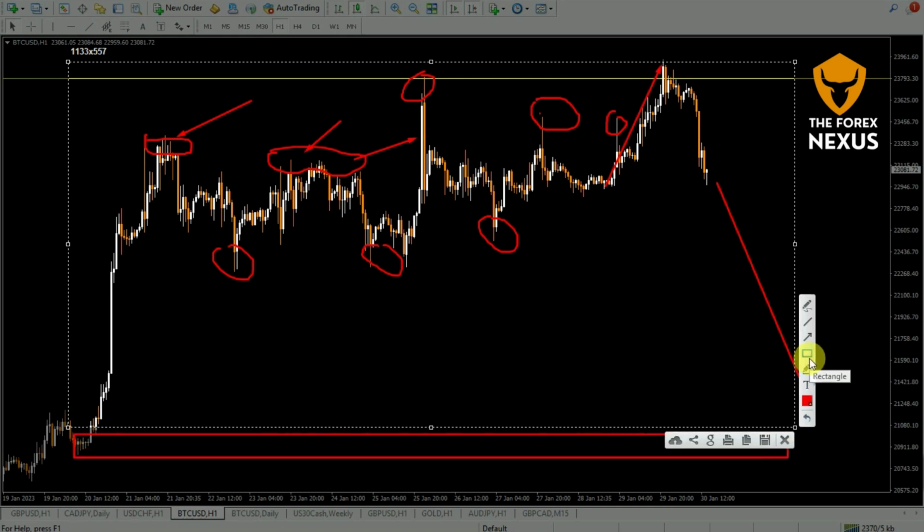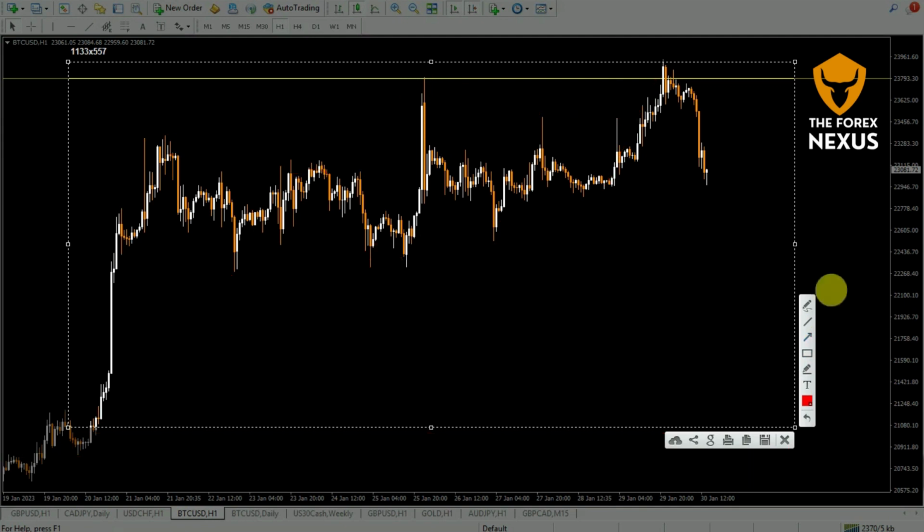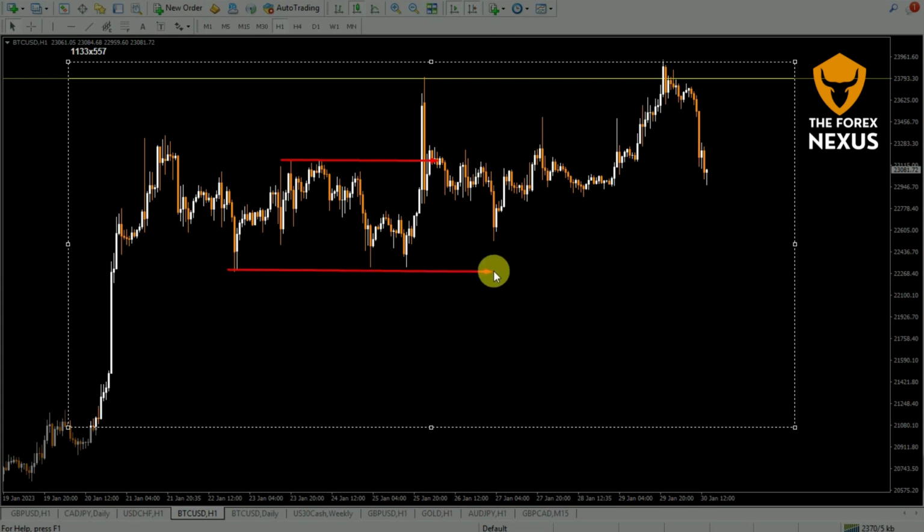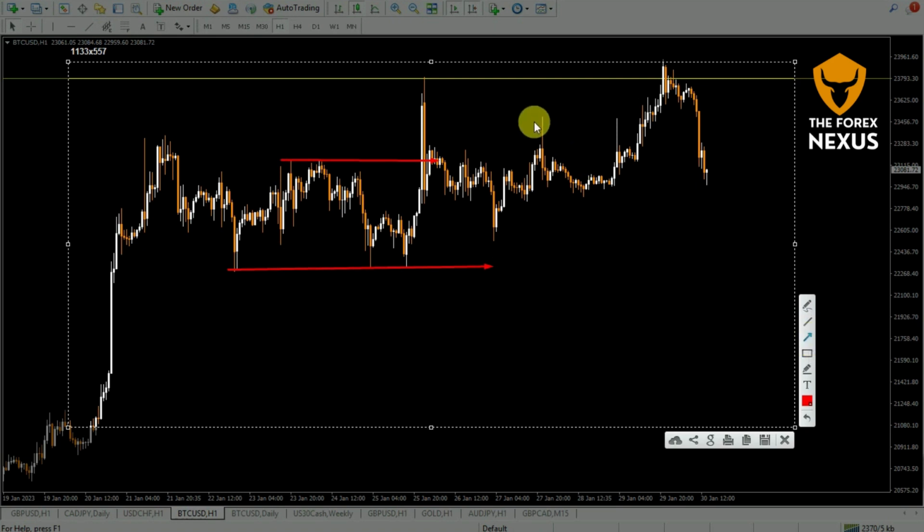Basically, liquidity is where the retail traders put their stop losses above their zones. Suppose, let me clear the chart, this one is a resistance zone, right, and this one is a support zone. You can see this one is also a support zone.